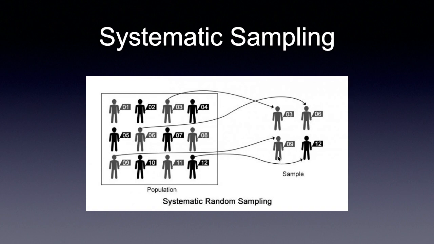Then I go to the 9th person, ask her, how much does she make? Go to the 12th person, ask her how much she makes. And I keep doing that for all 30. So this is systematic random sampling. And this is similar to the simple random sampling in that I have to have access to the whole population.